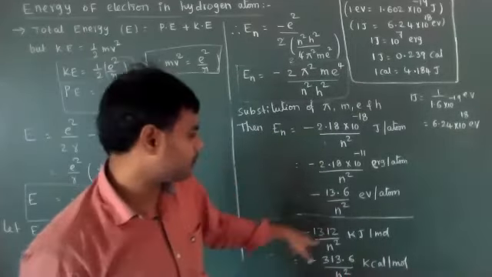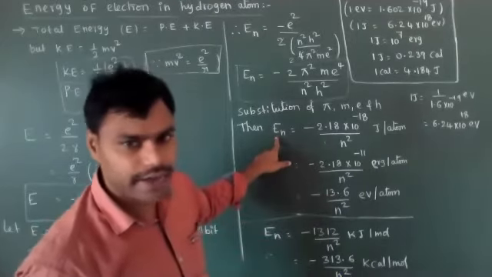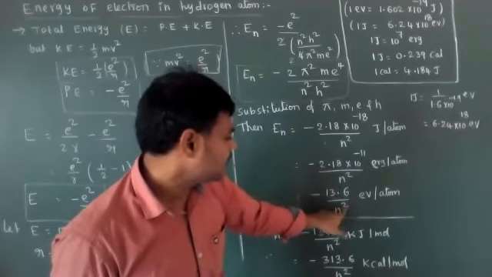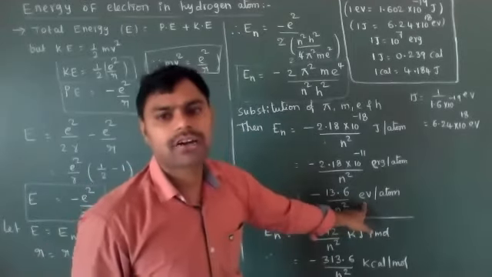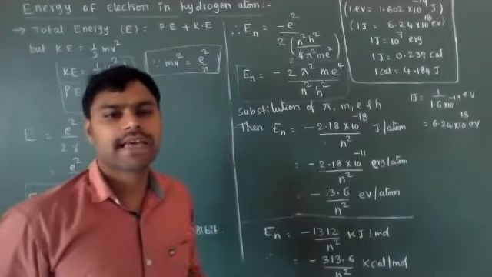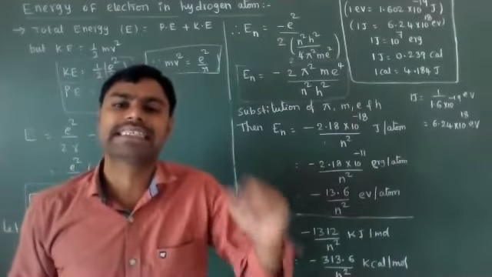So in terms of electron volts, the energy of the electron present in the nth orbit is equal to minus 13.6 by n square electron volts. These are all formulas for the hydrogen atom only, because for hydrogen the atomic number Z is equal to 1.